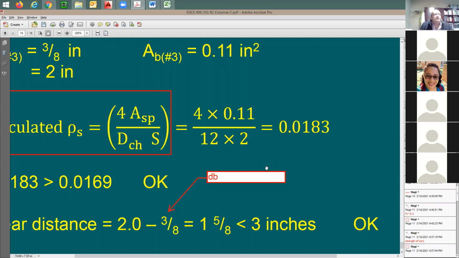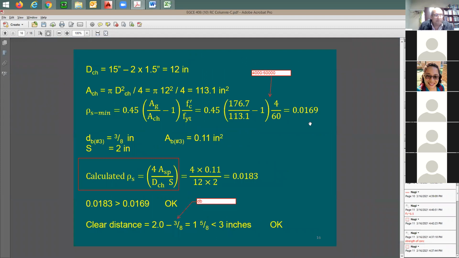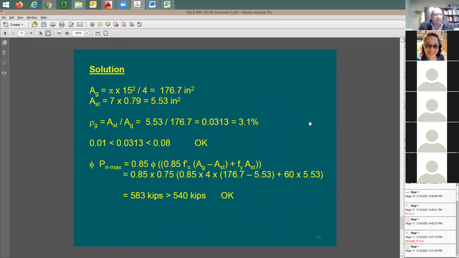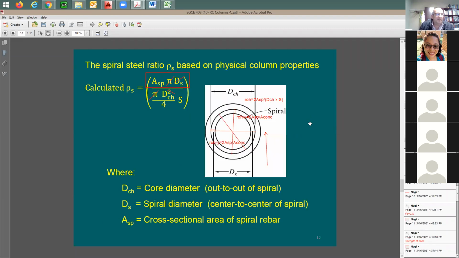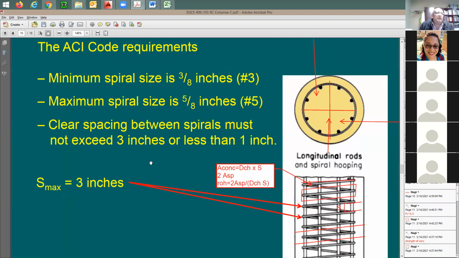Any questions? Can you repeat why it has to be less than 3 inches again? Because the code says clear spacing between the spirals must not exceed 3 inches or be less than 1 inch.